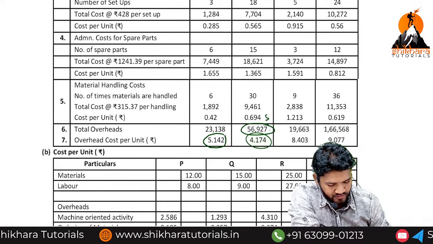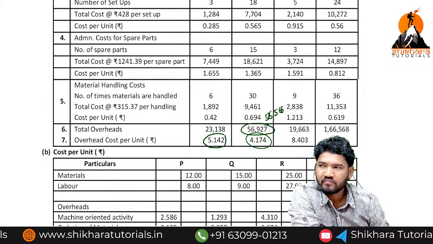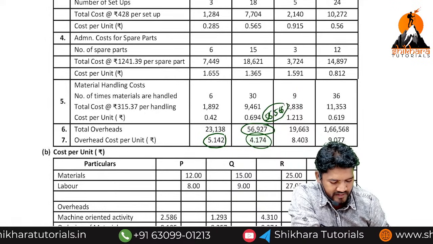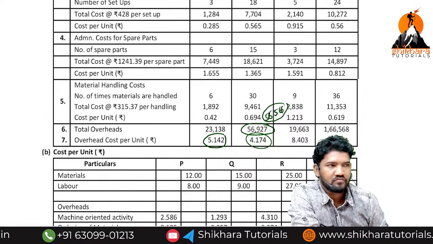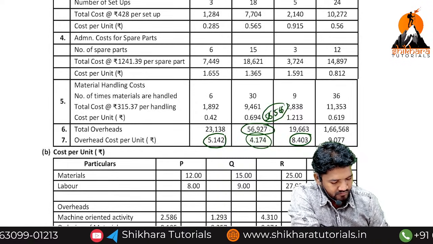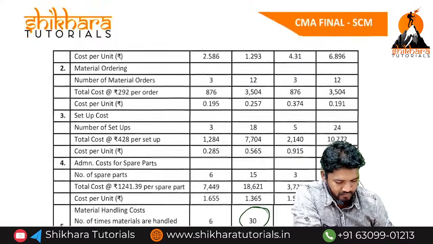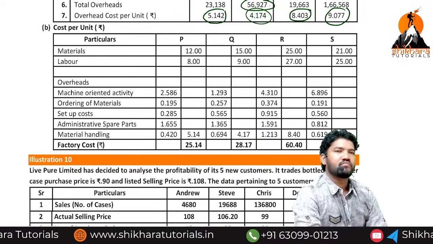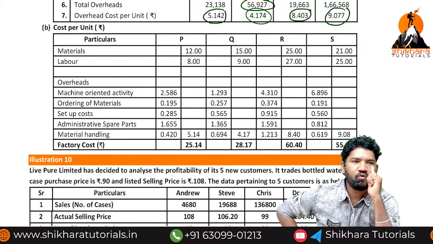This one, 56,566. Girls, how many of you got this 56,566? Okay, super. So there is an issue with this question. We want to rectify. At least overhead cost per unit. Anyone?